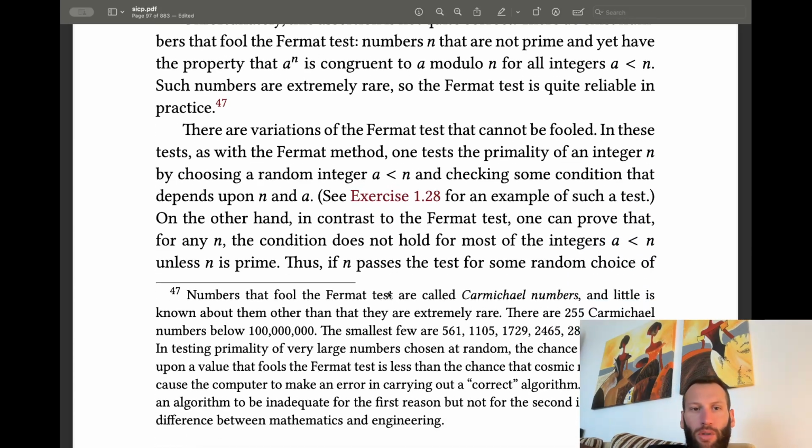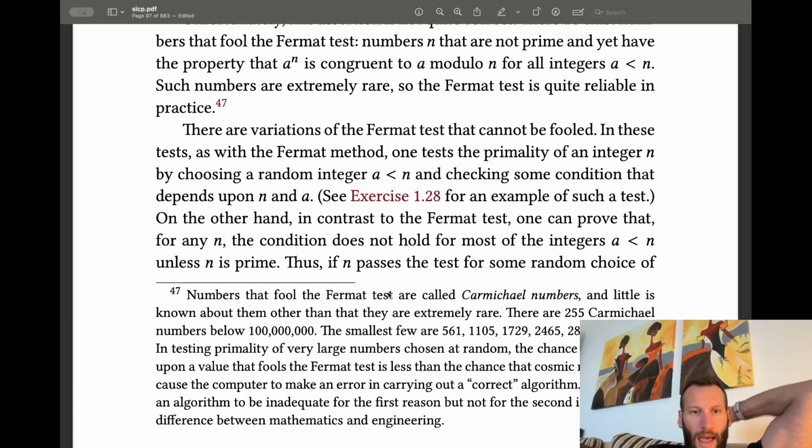There are variations of the Fermat test that cannot be fooled. In these tests, as with the Fermat method, one tests the primality of an integer n by choosing a random integer a smaller than n and checking some condition that depends upon n and a. See exercise 1.28 for an example of such a test.